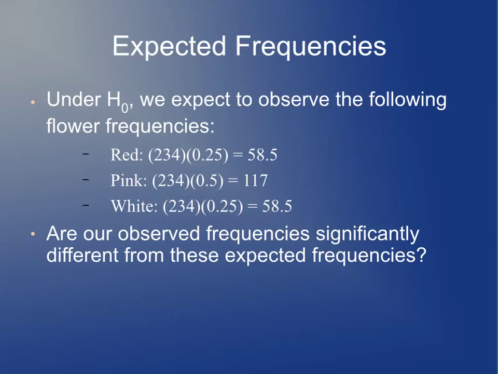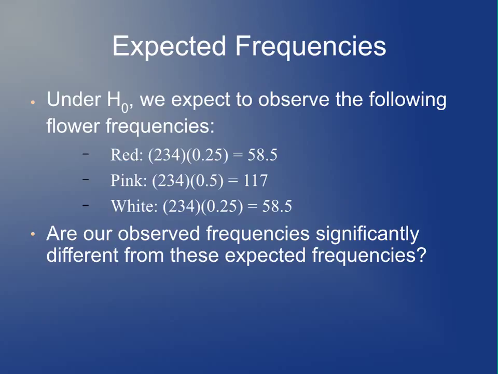The first step in testing this hypothesis is you have to calculate the numbers of each type of plant you would expect to see if the null hypothesis is true. If the null hypothesis is true, we would expect to see 234 times 0.25, or 58.5 red plants, 117 pink plants, and 58.5 white plants.